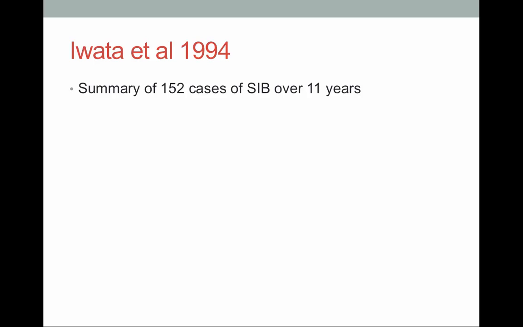So all of these people were collecting data, and Iwata took it all and tried to put it together, 152 cases over 11 years, and to try to summarize what exactly do we know now about SIB.